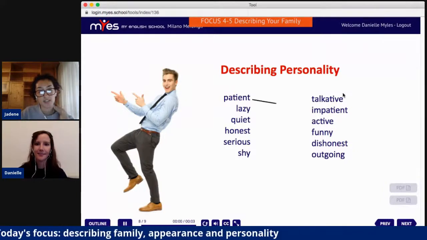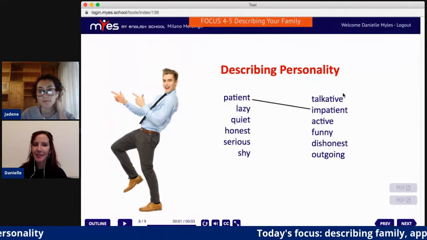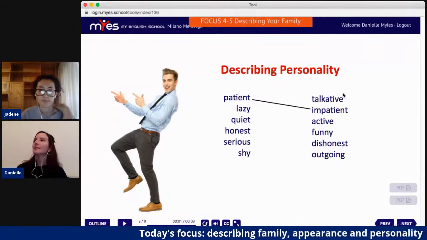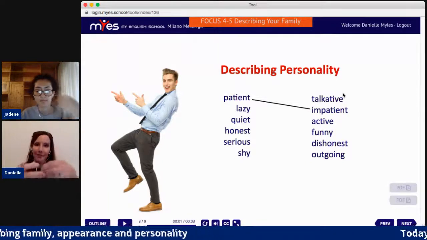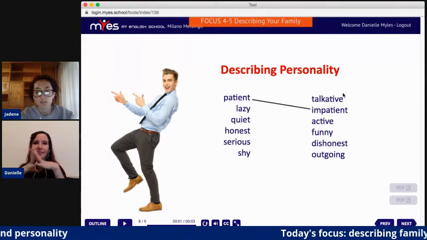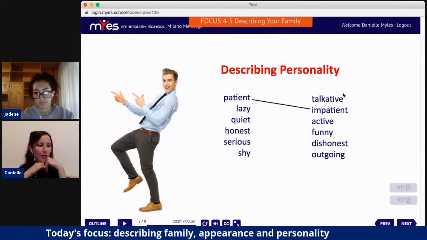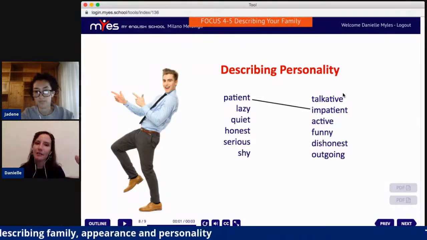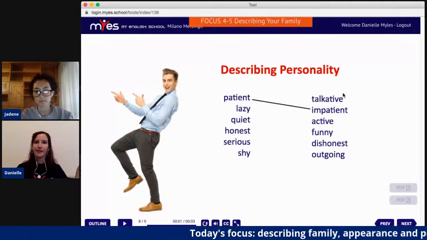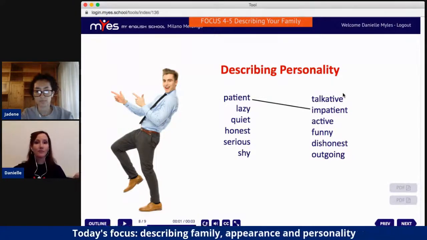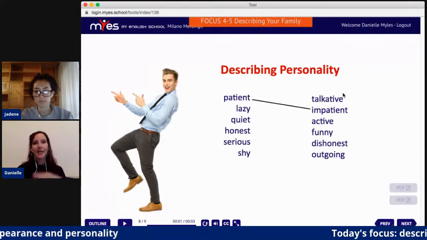Perfect. What do they mean? What is the difference? Patient is someone who can wait for something. If something takes a long time, for example, I'm in a line to get into the shop, a very long line, but I wait and I'm happy.